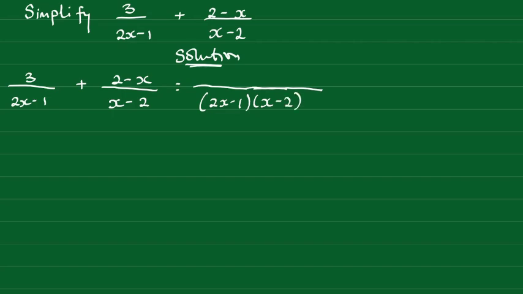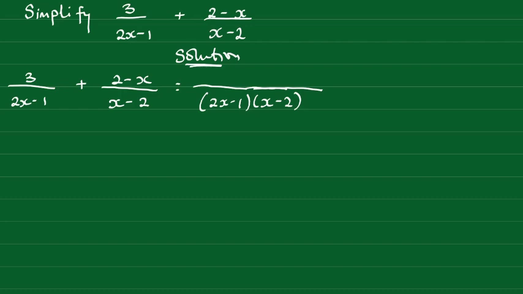Now 2x minus 1 goes into (2x minus 1)(x minus 2), which ends up leaving us with x minus 2.